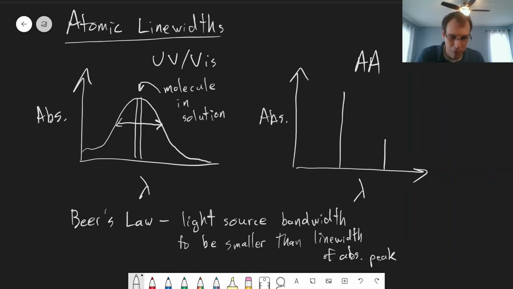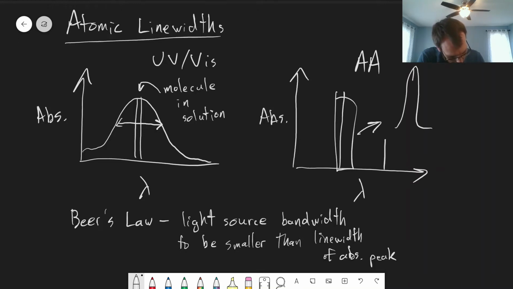And so if we want to use Beer's law, which we do, we want to measure concentration as a function of the absorbance, we need, if we zoom in on this, this is still a peak that looks something like this. We need a light source that is really narrow compared to that. Now, monochromators can't do that. Monochromators by themselves, right?